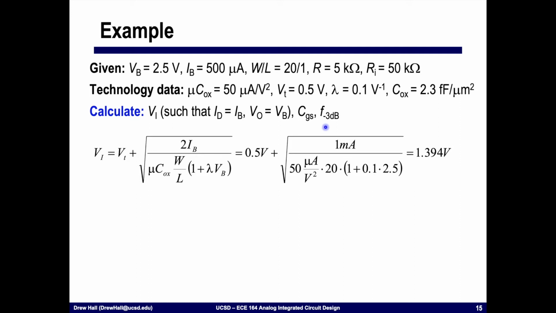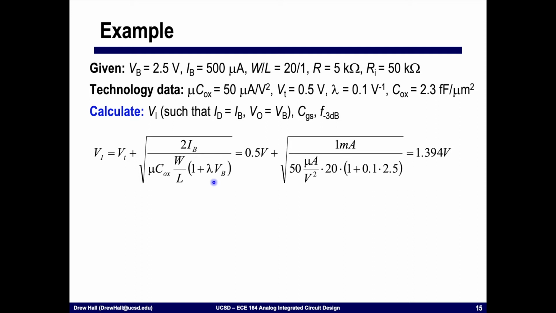All right, so the input voltage, if we want to bias this transistor with this 500 microamps, we simply need to calculate what VGS is. And so VGS is going to be equal to VT plus this term here, where I'm using this in order to figure out what overdrive voltage I need.